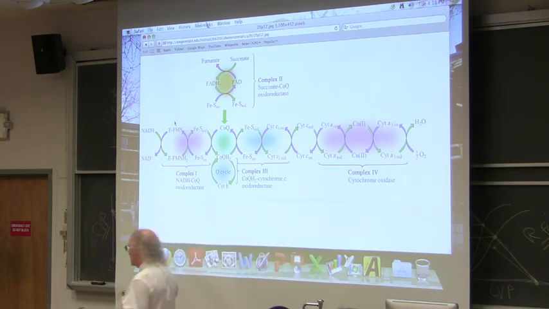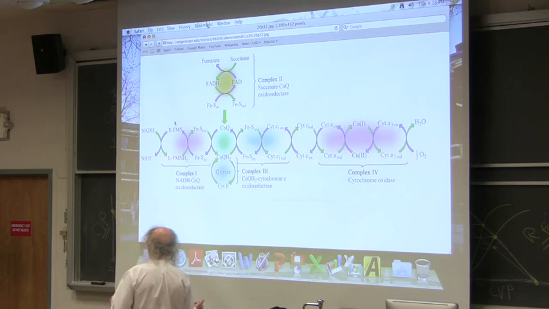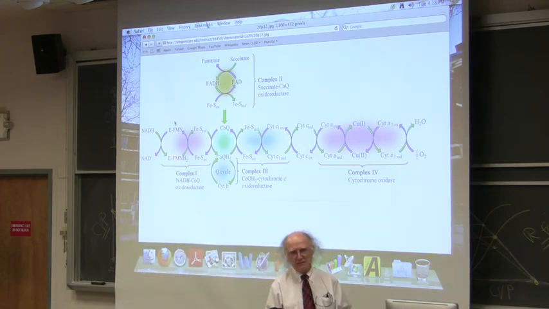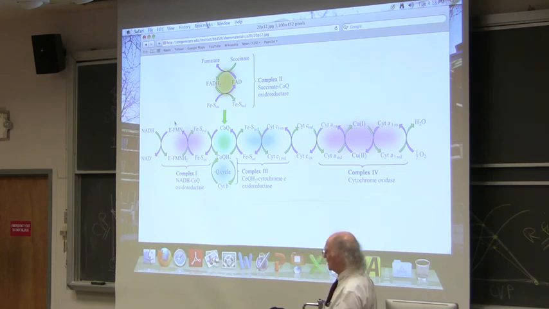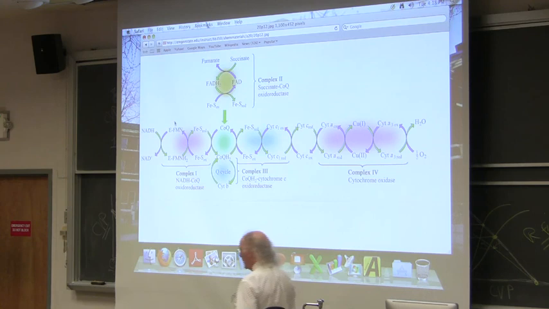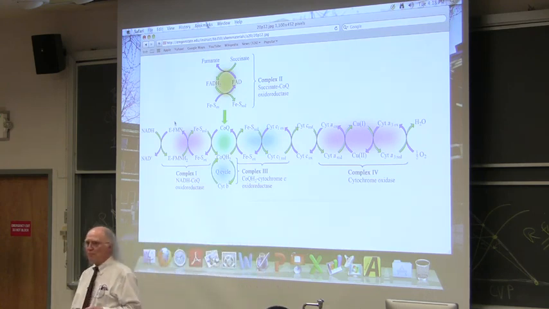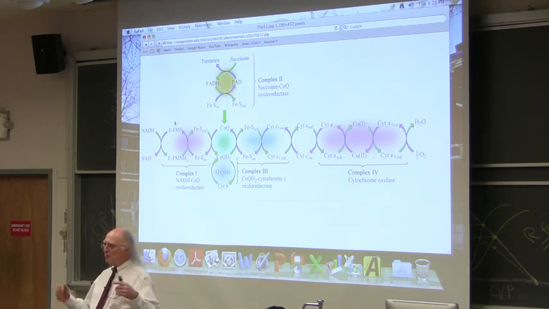What's happening is that as electrons pass through complex 1, moving from left to right in the direction of coenzyme Q, protons are being moved, or pumped, as I like to say.